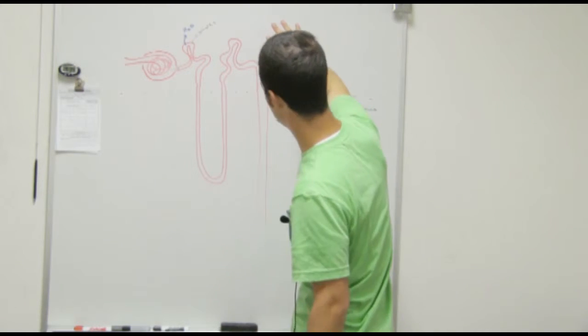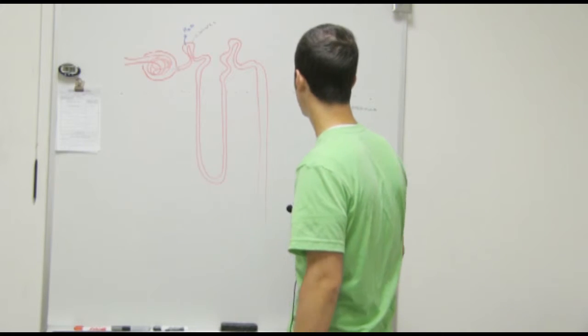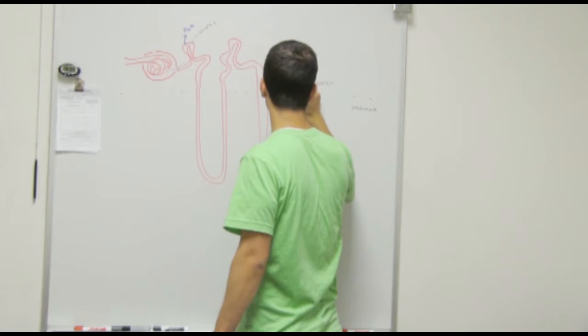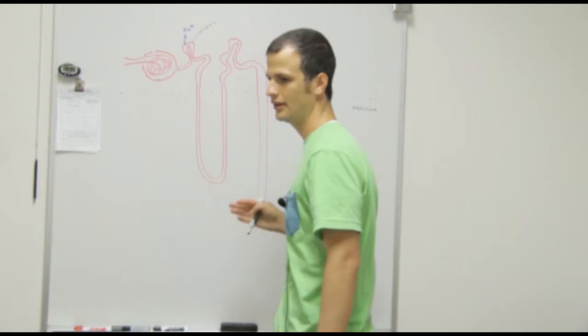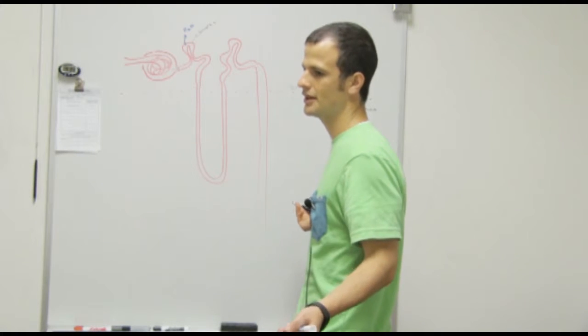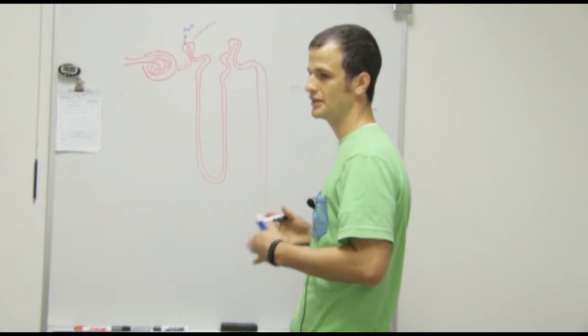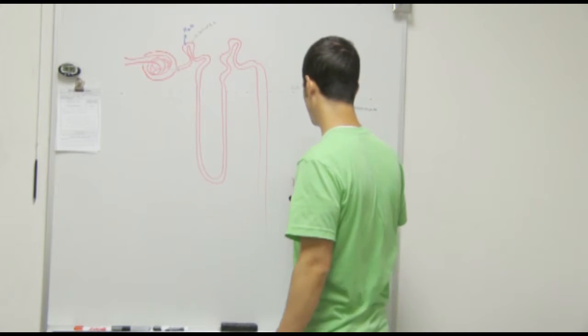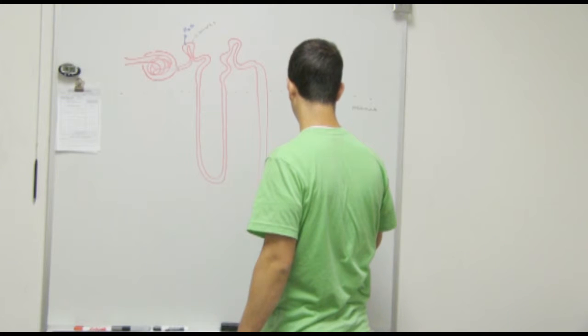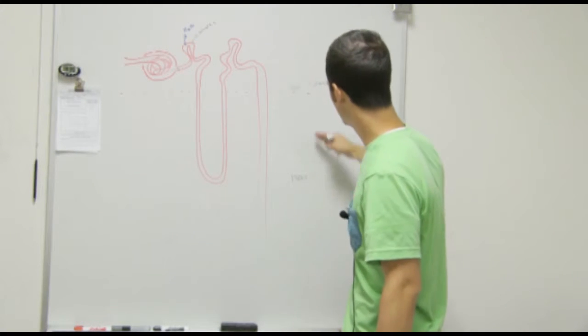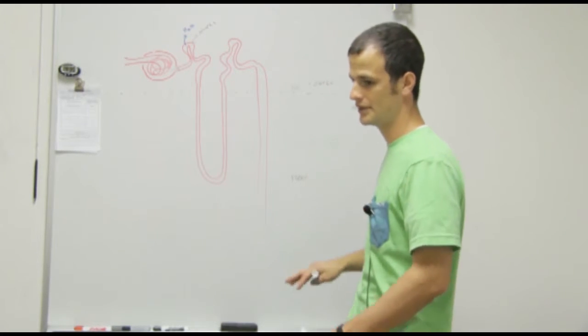So this is more superficial, more deep, right? Right here, our concentration is about 300 milliosmoles. It's basically explaining that this is the concentration of solutes in the solution. And then at the bottom, we've got like 1200. So it becomes more concentrated as we go down.